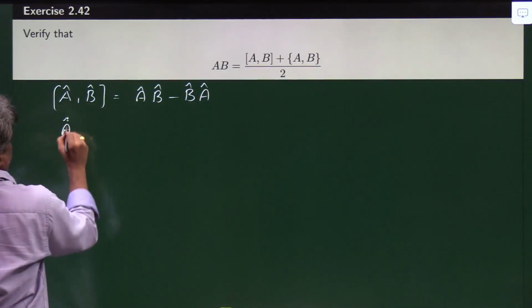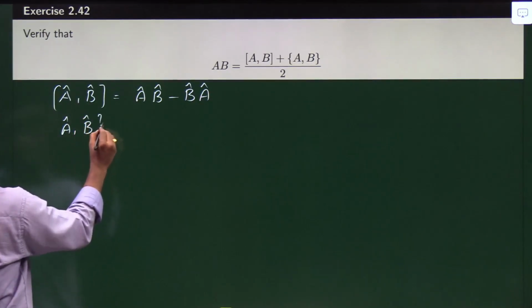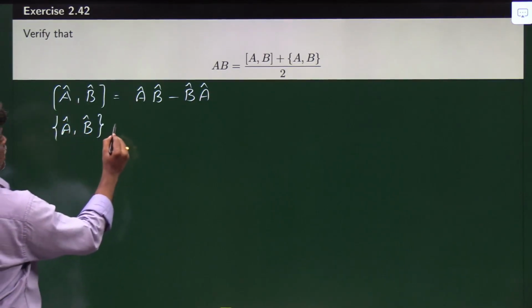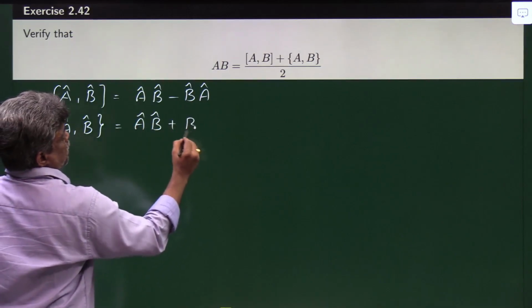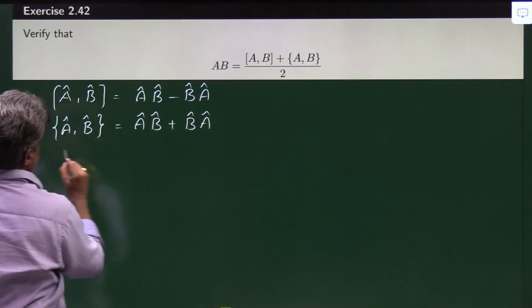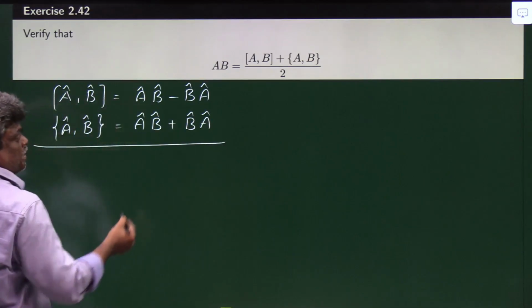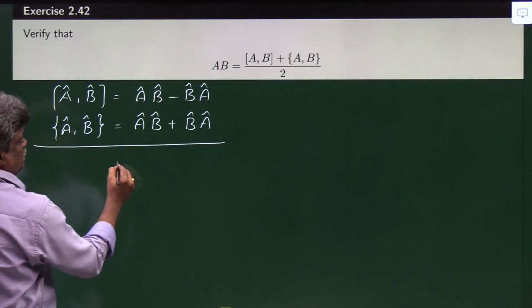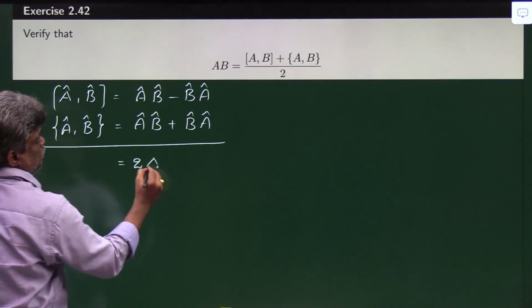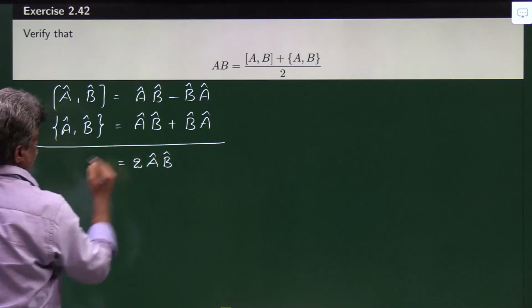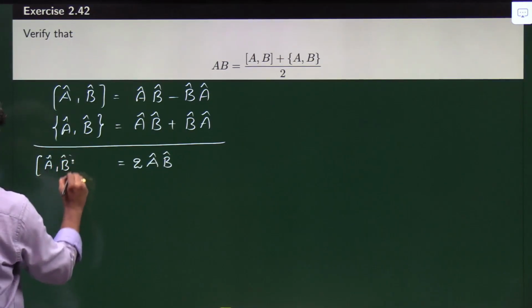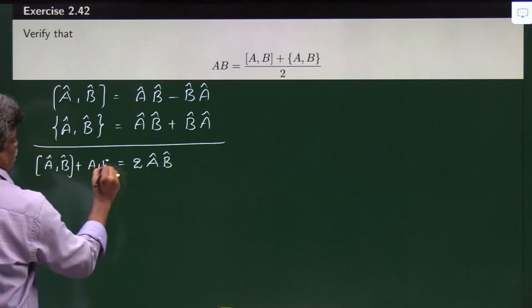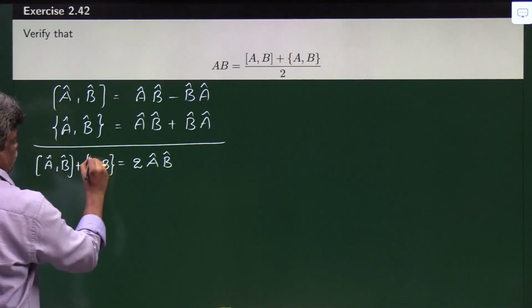Similarly, the anti-commutator of A and B equals AB plus BA. Now just add these two. Once you add, these two get cancelled, so we get 2AB, which is nothing but the sum of the commutator plus the anti-commutator.